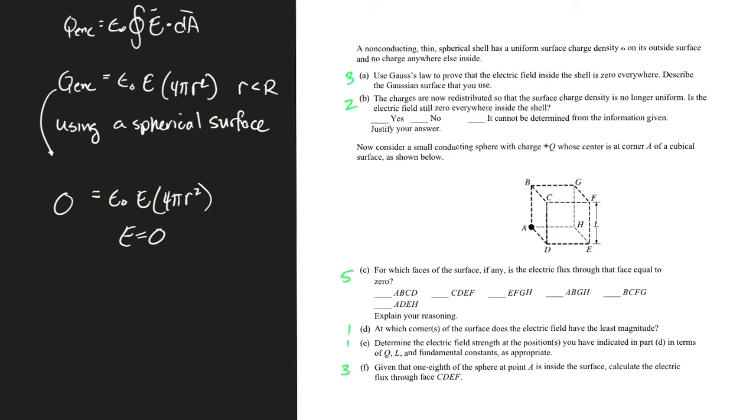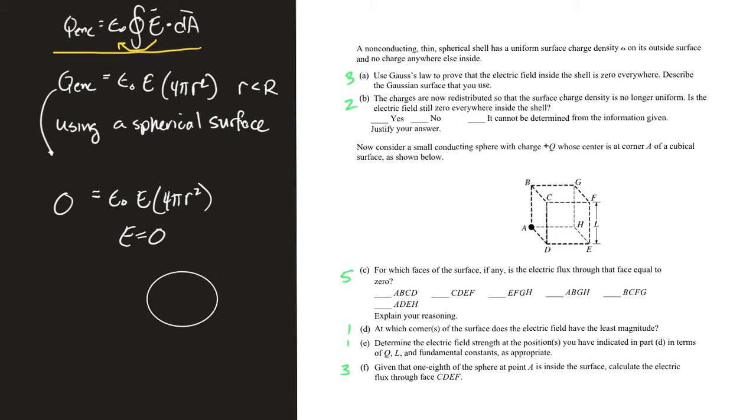I'm going to go back to this portion right here in our law. We're able to pull the E out of this integral only because we believe the electric field is the same everywhere inside the shell. But I don't think it would be if we redistributed the charges. Let's consider a simple idea of redistributing the charges.